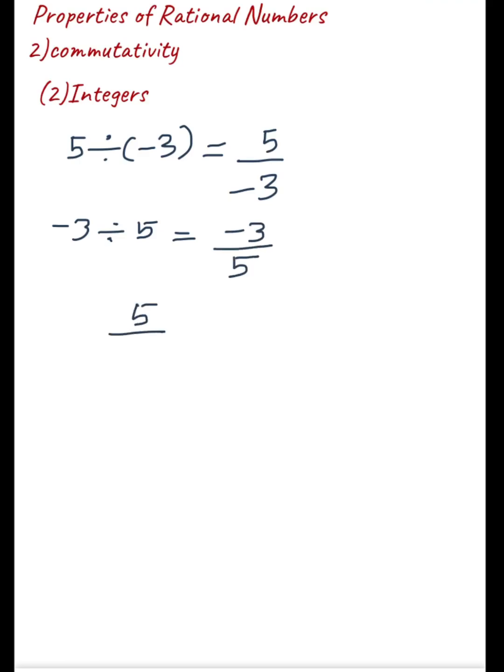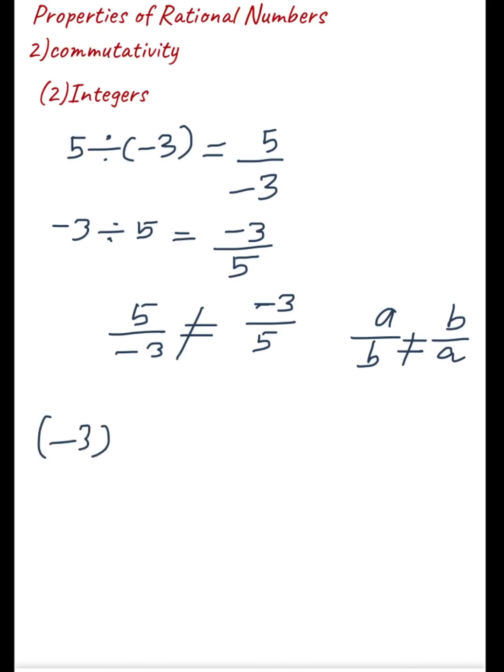So the first one is 5 by minus 3 and the second one is minus 3 by 5. So by seeing this, you can see that numerators are not the same and denominators are not the same. So they are not equal. Okay. That means you can say A by B is not equal to B by A in the case of integers.